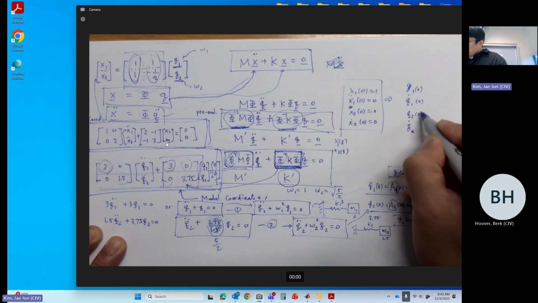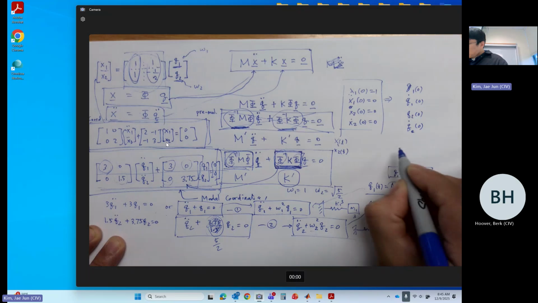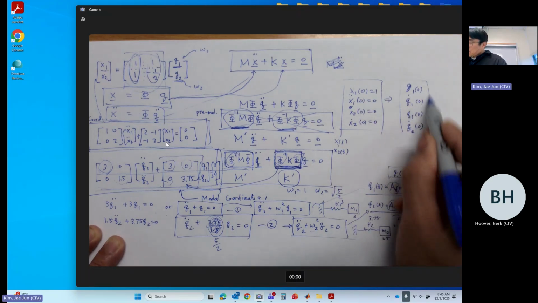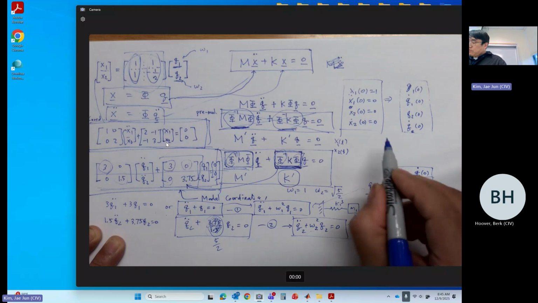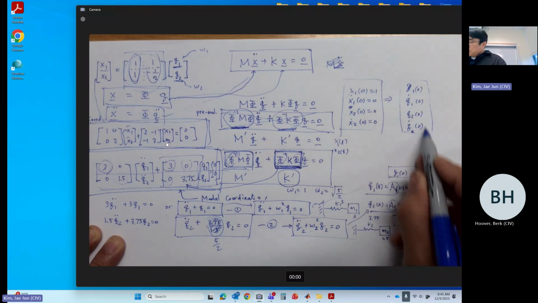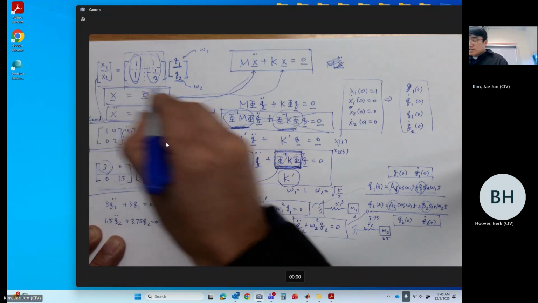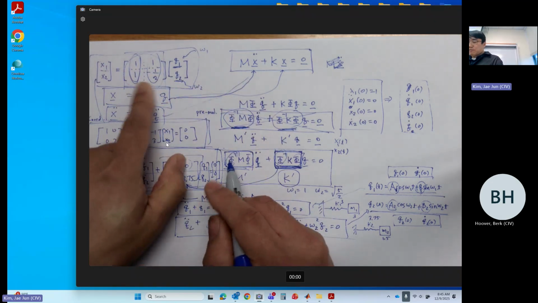I need to determine the initial conditions in modal coordinates from physical coordinates. And the way to do that is again using this modal transformation, right?